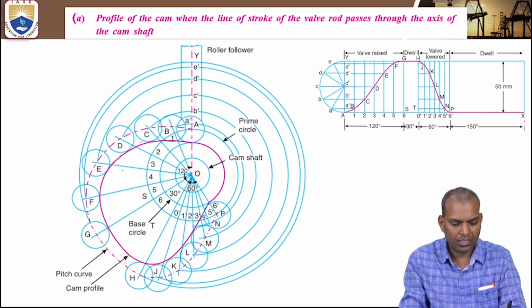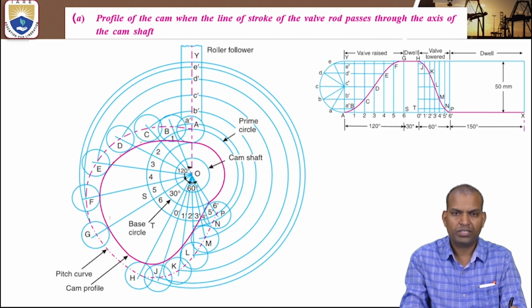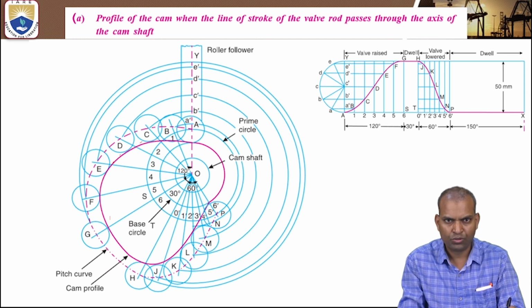On the prime circle you have to divide it into the given outstroke, dwell and return stroke angles, and you have to subdivide the outstroke into the same number of parts which we divided in the displacement graph.